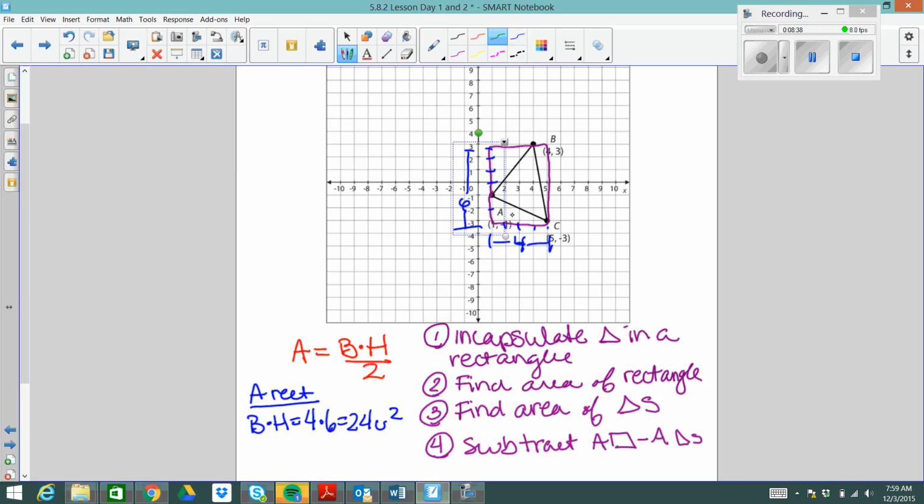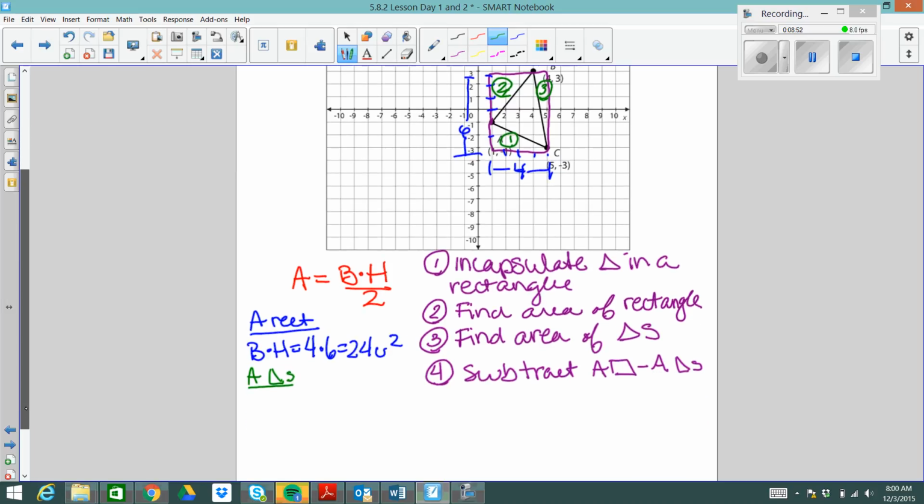I'm just going to number these: triangle 1, triangle 2, triangle 3. The area of the right triangles is 1/2 base times height. Since they're all right triangles and each base and height is vertical or horizontal, again, it's as easy as counting.